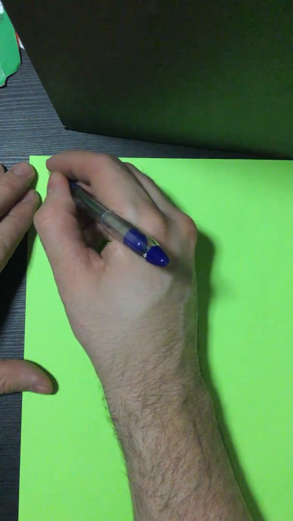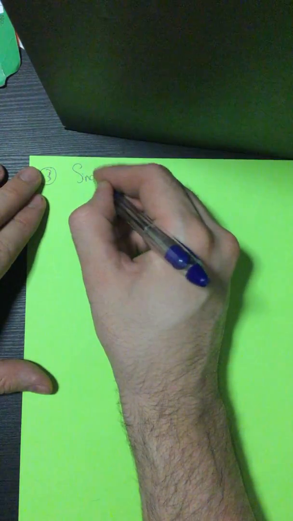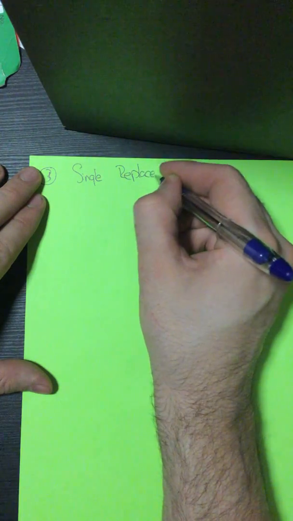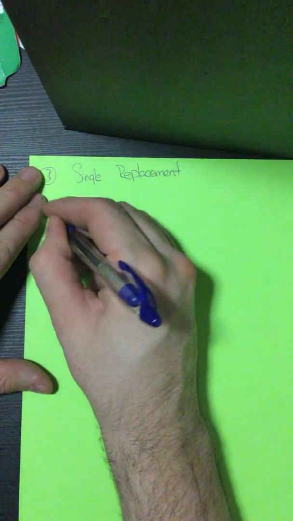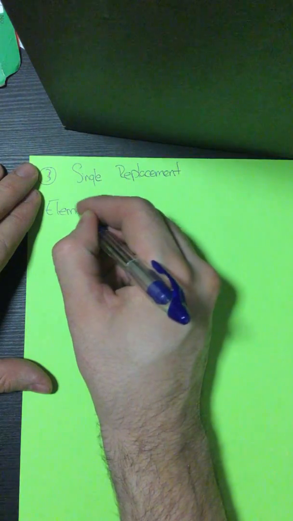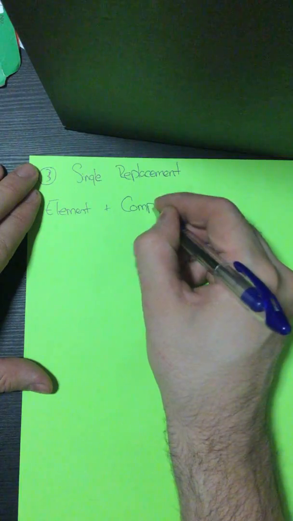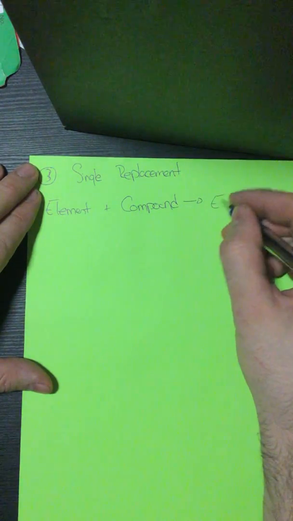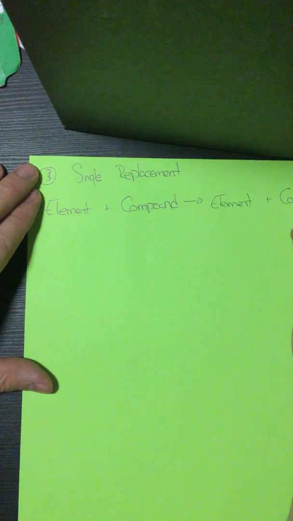So our third one will be a single replacement. Single replacement is where you have elements plus a compound, yielding you with an element and a compound.